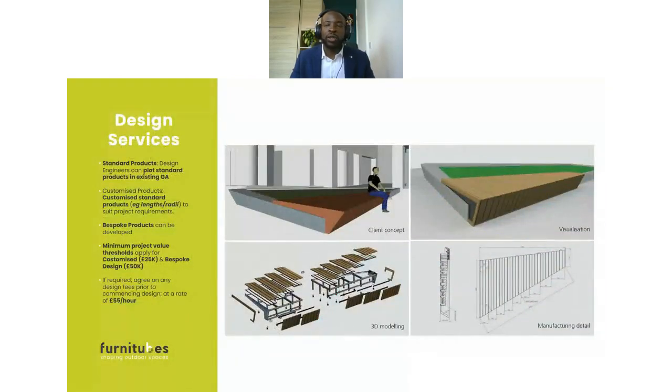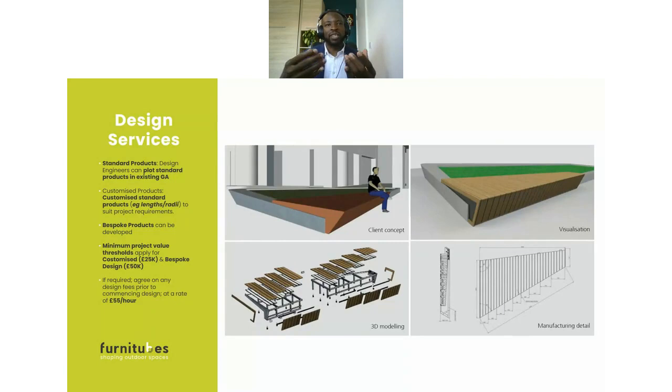Just on a side note, if you come to us with a street furniture inquiry, what we always try to do is find a standard solution, then look for a modular solution to create a bespoke arrangement. But if the project value is right, we've got very good design engineers who, if it's 25,000 plus, can customize one of our standard ranges.